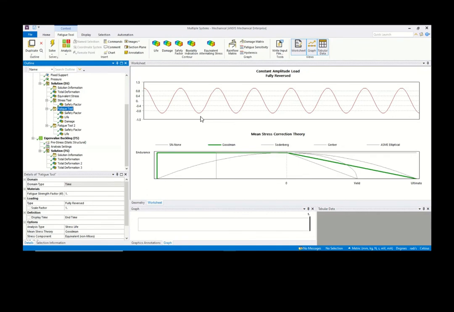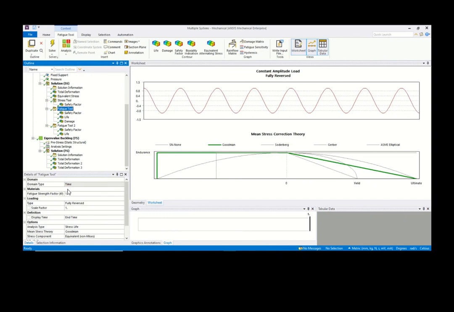Next week, when we come into dynamic analysis, you will see how significant the effect of frequency is. If you consider frequency, fatigue will happen even faster, and you will have a shorter life. So that is about failure analysis.